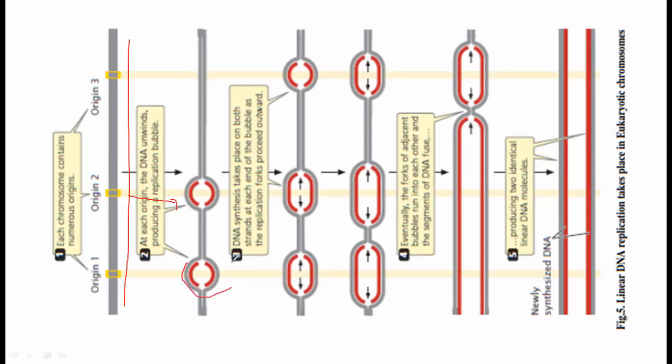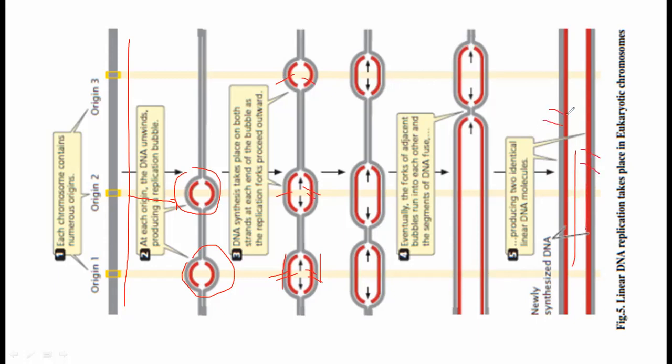A bubble will form here, and when the bubble forms, these DNA strands are separated, and both will serve as a template. Both are synthesizing a new strand. Here also, and the synthesis continues, and finally you have 2 chromosomes.